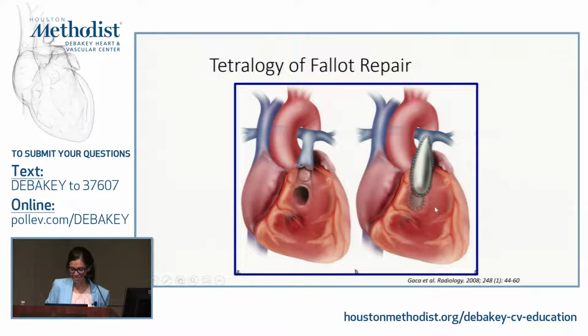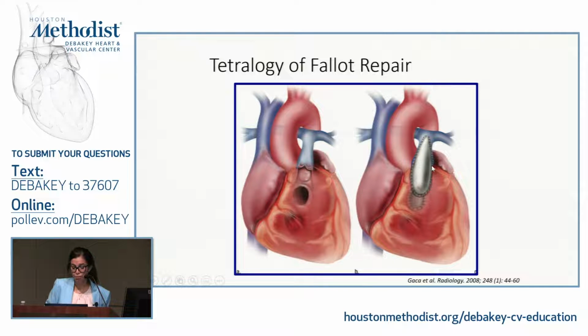The 2 main steps of the surgical repair of tetralogy of Fallot are the closure of the VSD, as you can see here, and the relief of the RVOT obstruction. If the obstruction is only at the RVOT level, then these patients will undergo a valve-sparing repair with a resection of muscle bundles in the RVOT, plus usually an RVOT patch.